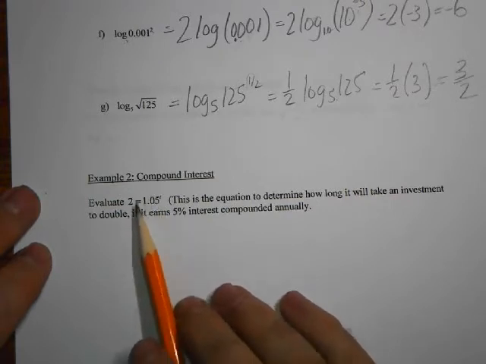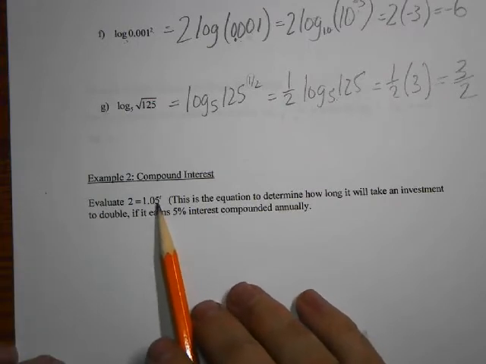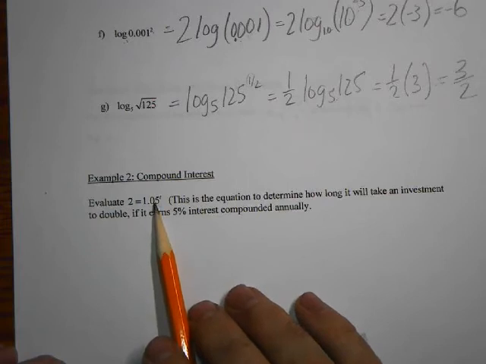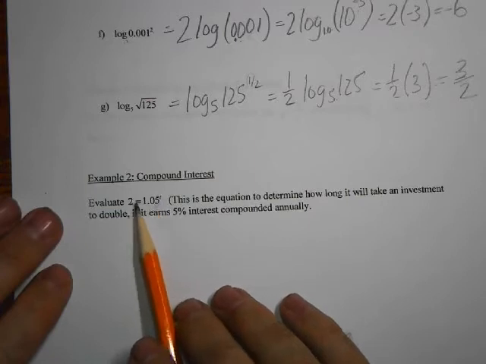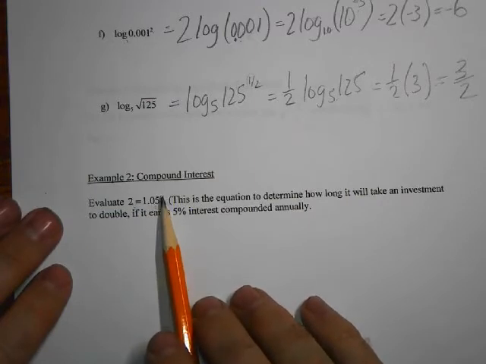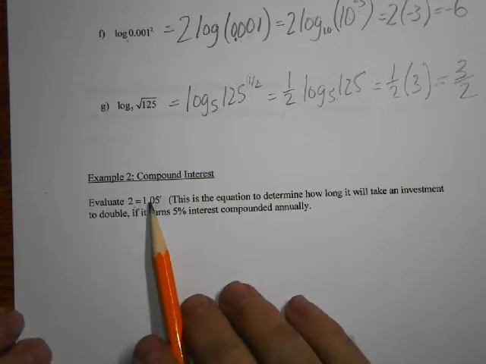So it's adding 5% over and over and over. If we start with $1, how long would it take to double it? We want to know the value of t. So t would be the number of years that it would take to earn double what you started with.